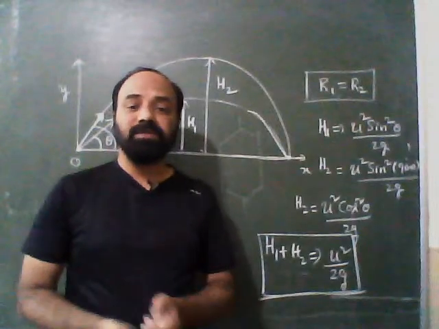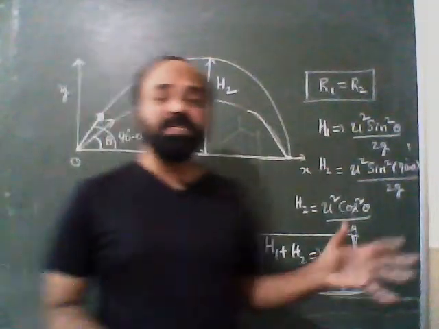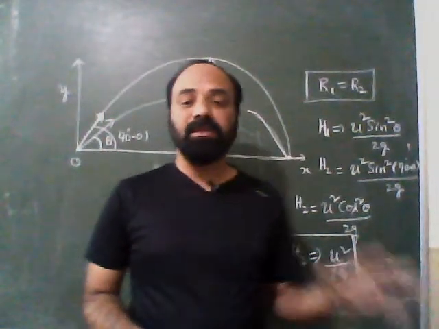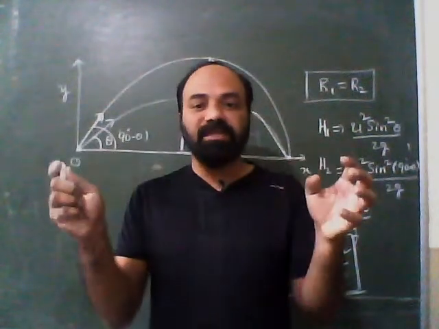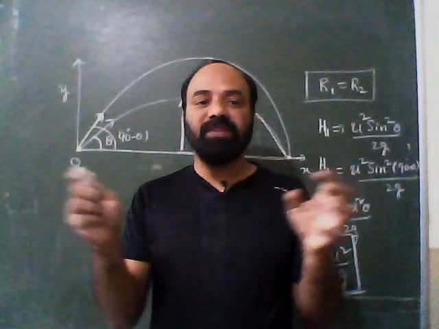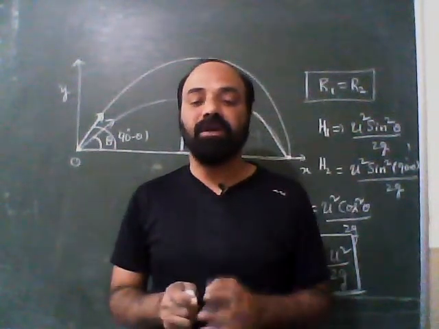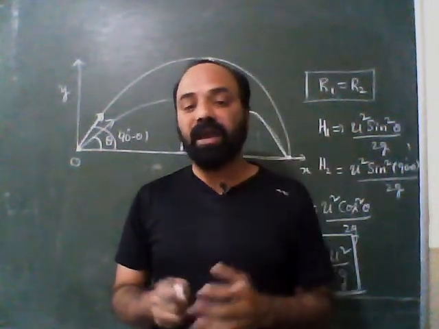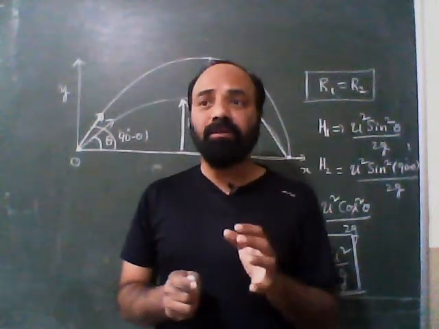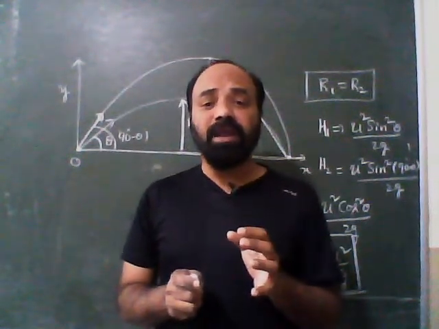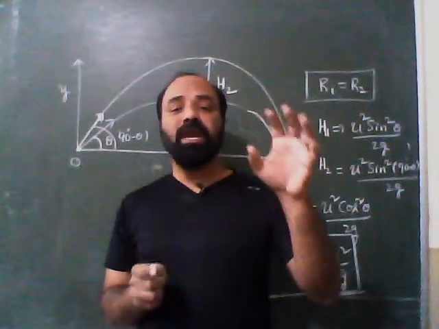U square by 2g. When should we use this formula? What is the use of this formula? In the problem, they will give the difference of the heights gained by the two bodies, H1 minus H2, and they may give the u value and theta values.